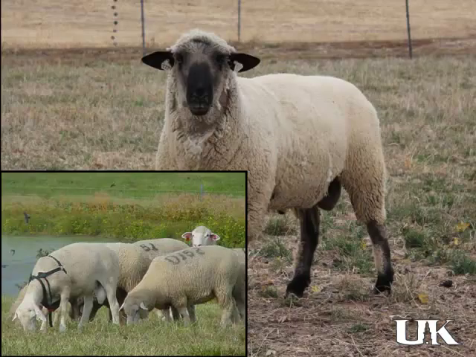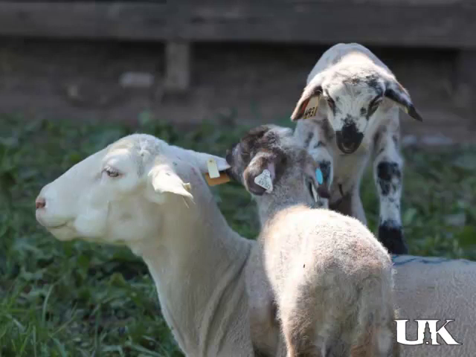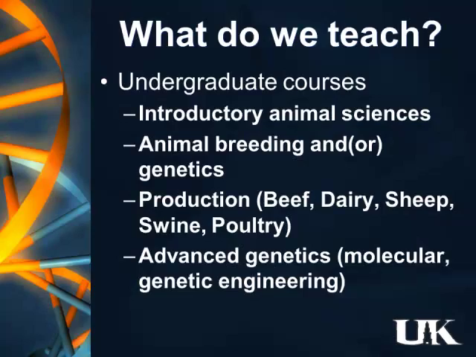This is what happens when you cross 2 breeds. This is what happens when you use a rotational cross. So we try to weave in the live animal as much as possible so that they can actually see the results. And then some places have advanced genetics courses. We don't, but some universities might have that we could teach with our undergraduates as well.